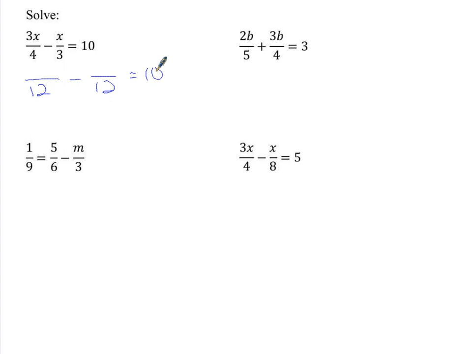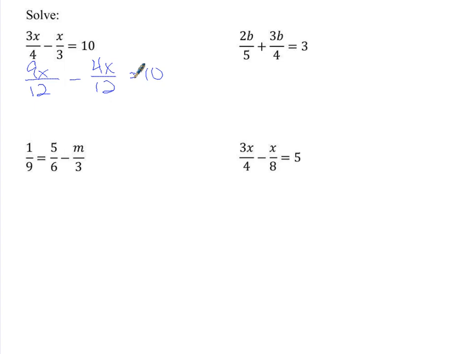I got to do 4 times 3 to get 12, so I need to multiply the top times 3. What is 3 times 3x? 9x. Okay, what do I do to this 3 to get 12? Multiply by 4. So that means my numerator will become 4 times x, or just 4x.